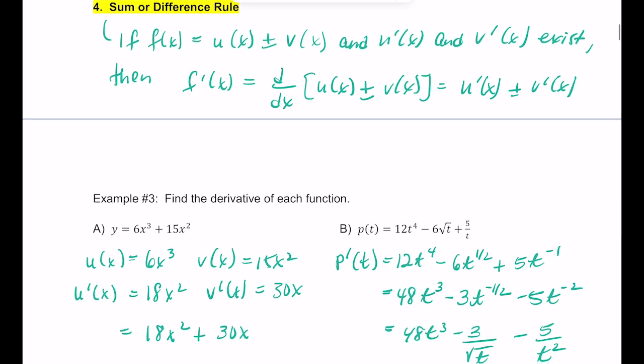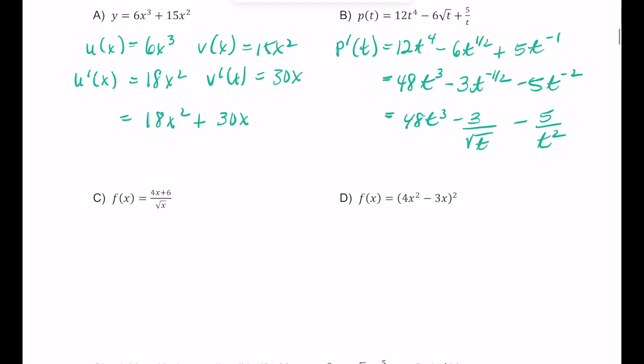For letter C, we've got f of x equals 4x plus 6 over the square root of x. Okay, so I'm going to rewrite this as 4x plus 6 times x to the negative 1/2 power. Because when I'm dividing by the square root of x, I'm dividing by x to the 1/2.